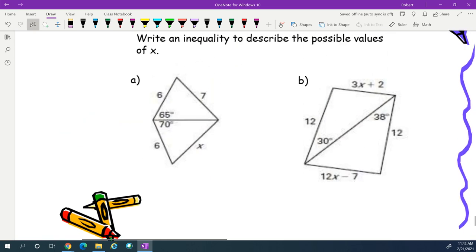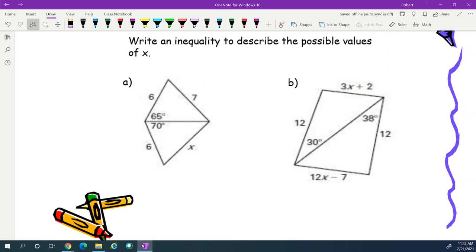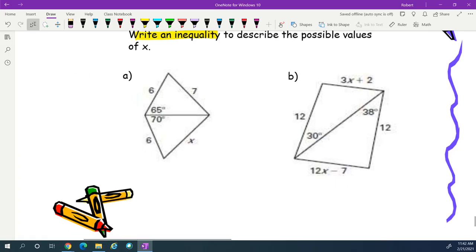In these last 2 questions, we're asked to write an inequality. We're going to approach it the same way that we have been. We're comparing the 65 and the 70, so we have a small and a large, and they're opposite sides, small and large.